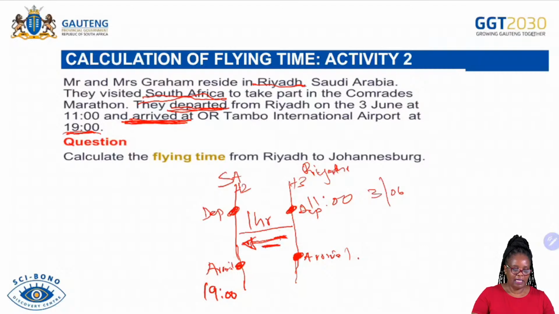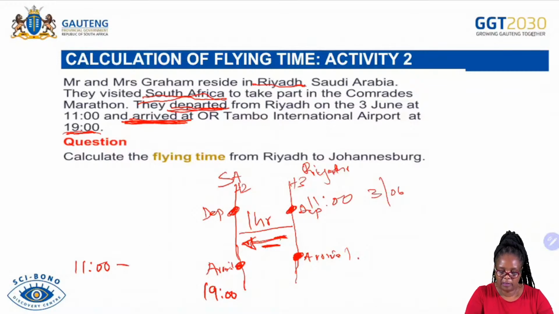Let's write it here. Our departure time, 1100 hours, minus our time difference. And our time difference is what? It's 1 hour. 1 hour time difference.